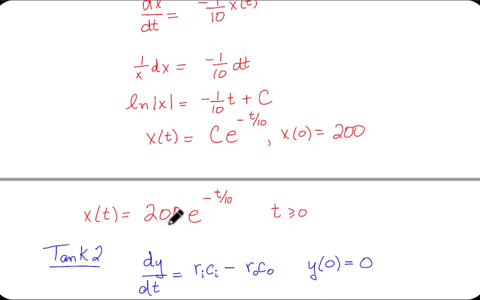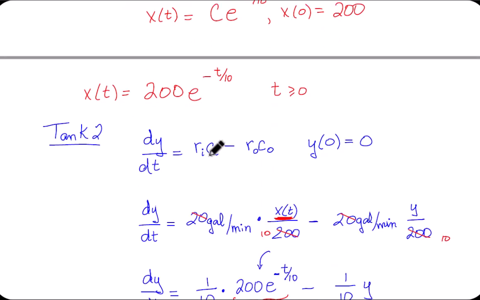What about for tank 2? Well, the inlet coming into tank 2, the rate was 20 gallons a minute. The concentration is coming from x of t because it was being dumped in. So here's my x of t divided by the volume in tank 2 minus, now what about the outputs? Well, 20 gallons coming out. Concentration is y divided by 200.